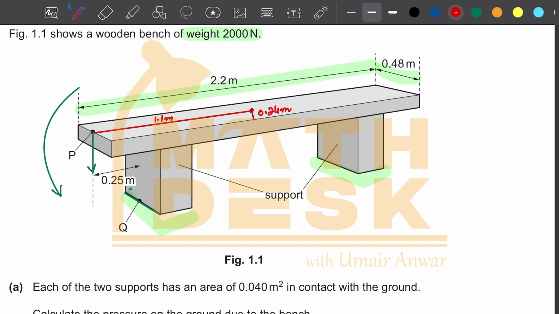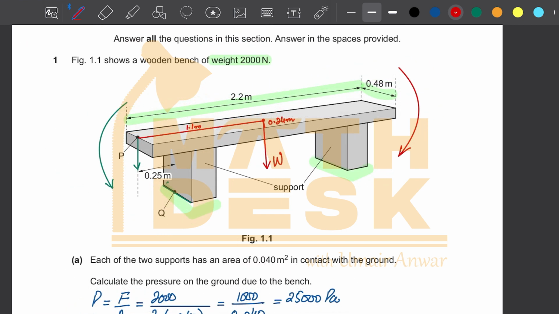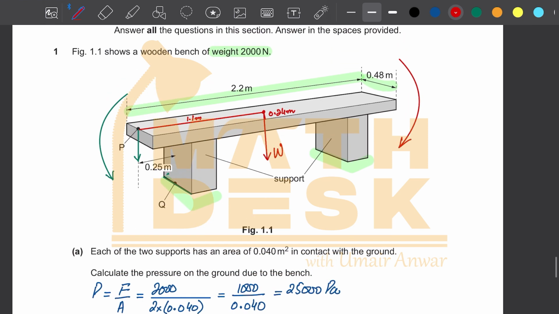Similarly, at the center of mass of the bench, the weight of the bench would act downward. So we would experience a clockwise moment because of this force. The bench has to remain in equilibrium, so both these moments are going to be equal.